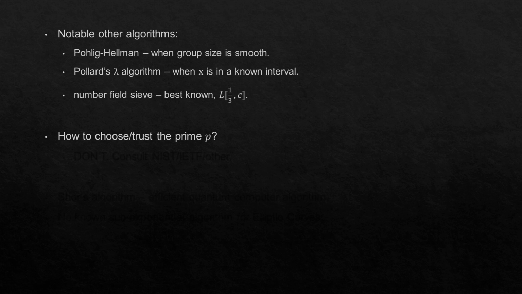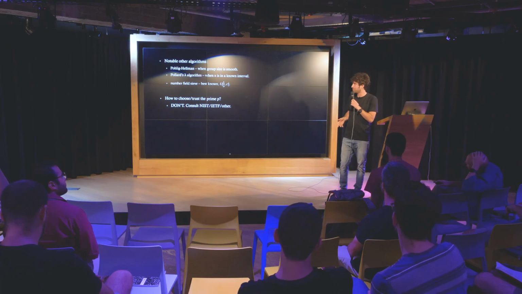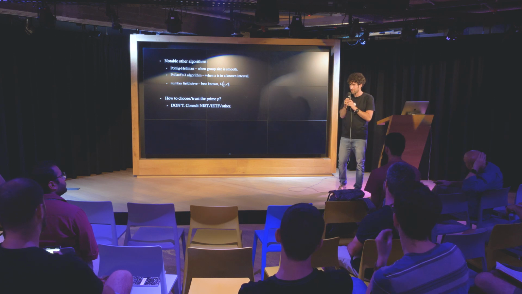A bit more on the practical side. How do you choose a prime for a cryptographic system that you design? Or how do you trust the prime for a cryptographic system that you choose to use? So definitely don't do it yourself, really don't. Other than those 3 algorithms I described in detail and those other 3 algorithms, there are many others.